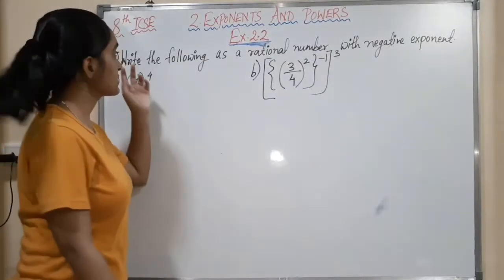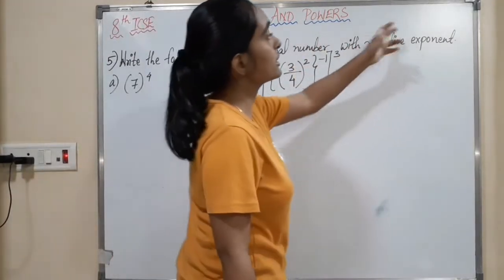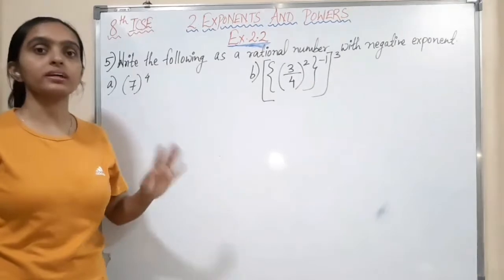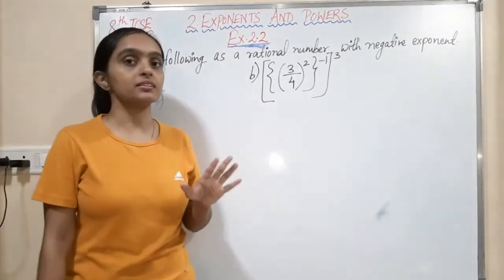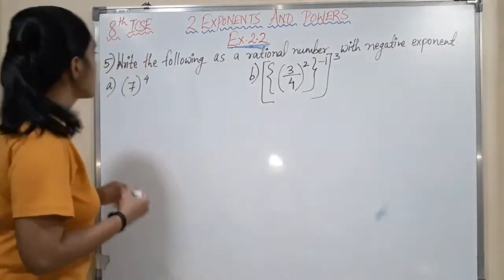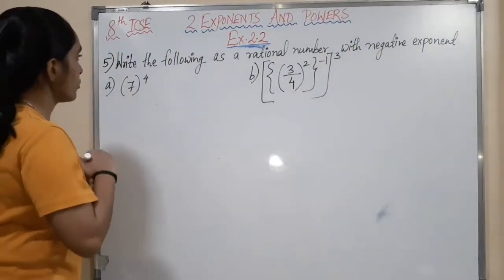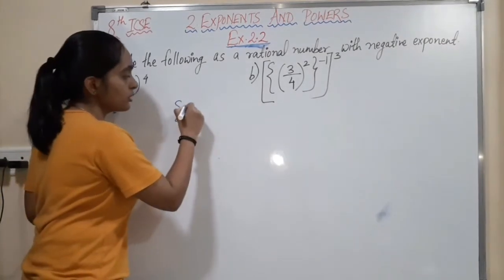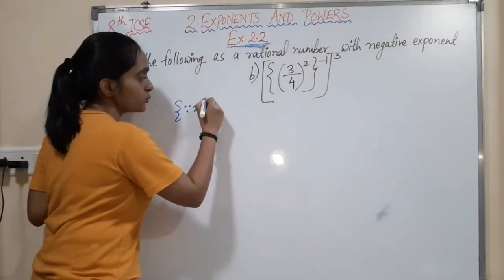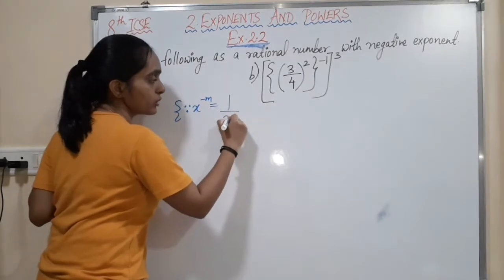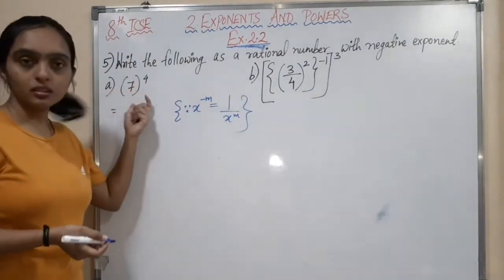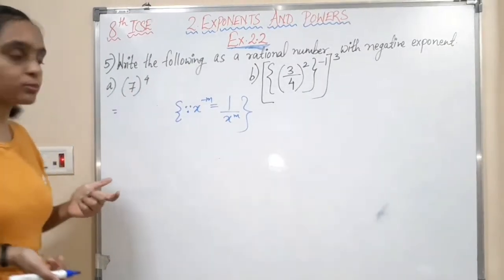The fifth question is, write the following as a rational number with negative exponent. So here first you have to solve the given question and then write the final answer in negative exponent. The power of the final answer should be negative. The first question is 7 raised to 4. So by using the law x raised to minus m equals 1 upon x raised to m, we can write this expression into its negative exponent.